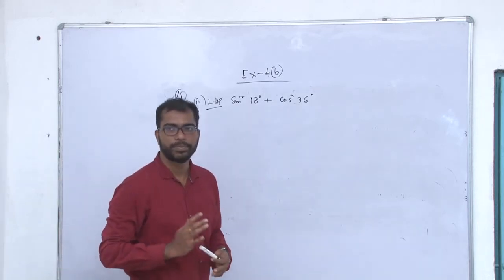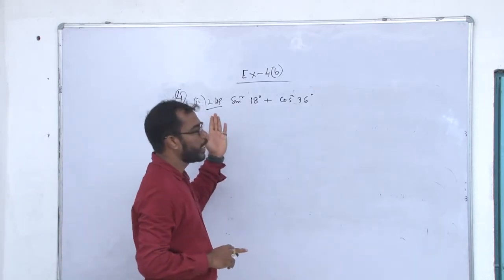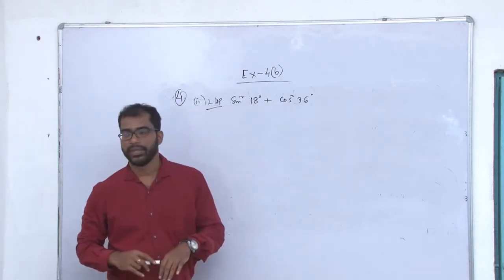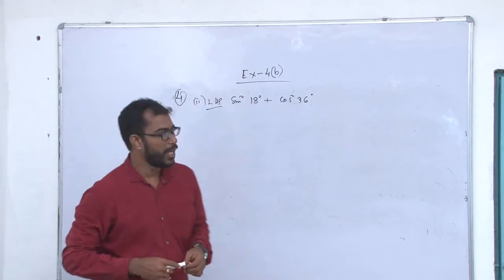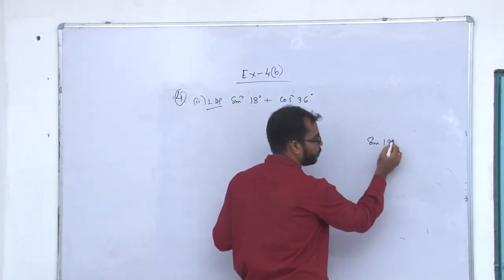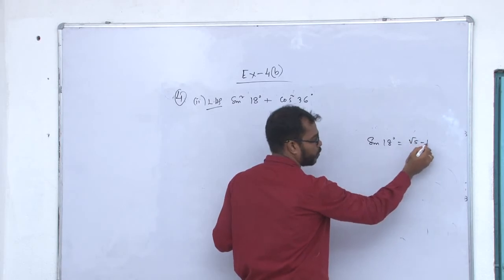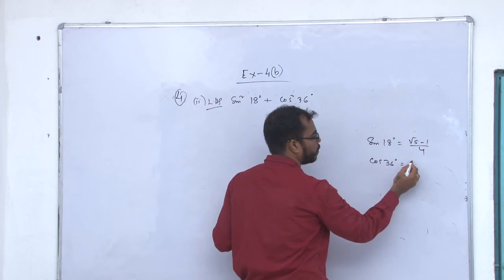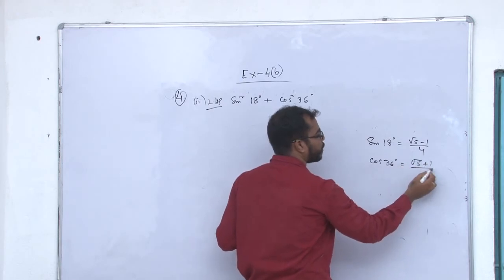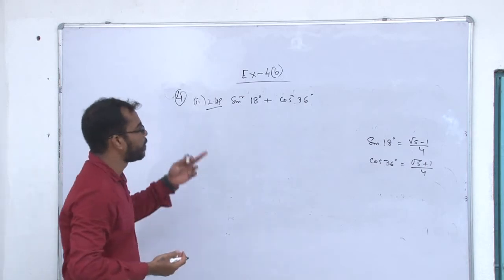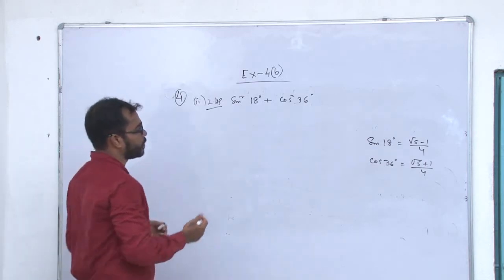This is the LHS. That means we have to prove sine square 18 degree plus cos square 36 degree is equal to 3 by 4. As you know, the value of sine 18 degree is root 5 minus 1 by 4, and cos 36 degree is equal to root 5 plus 1 by 4. So you use these values in the given expression.